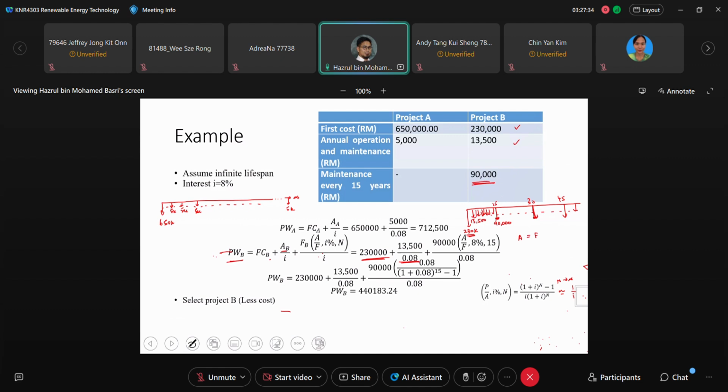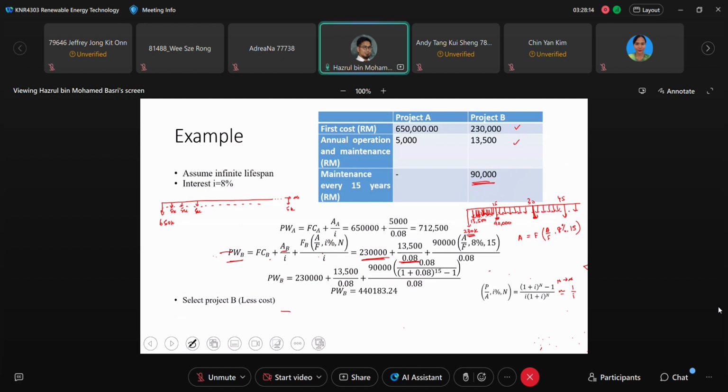So this one would be A over F, 8% for 15 years. I'm going to get the annuity. This annuity actually is repeated continuously, infinitely.